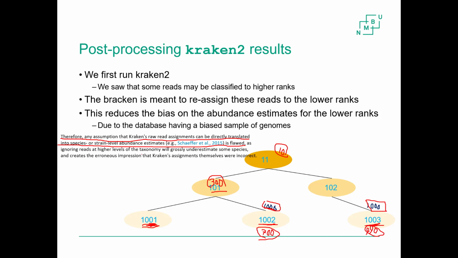And if you read the rest of that sentence, it says if you ignore the reads at the higher levels, that means these and these, you will grossly underestimate some species, and that's this one, right? This is underestimated because it has a neighbor in the database.